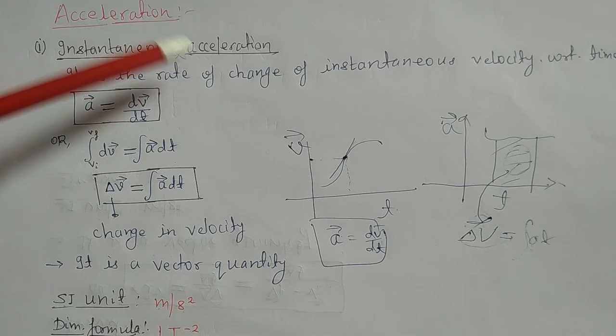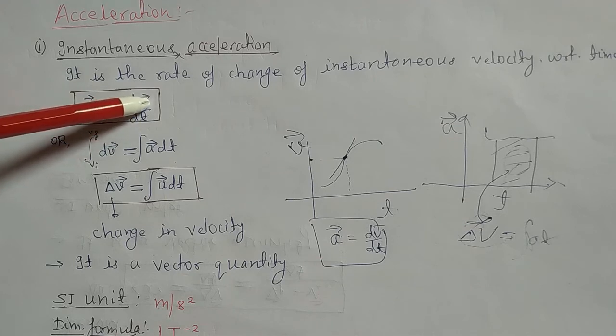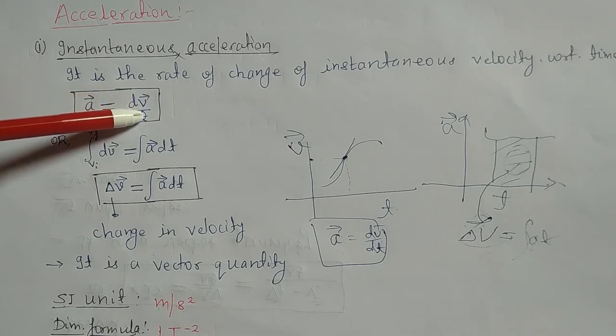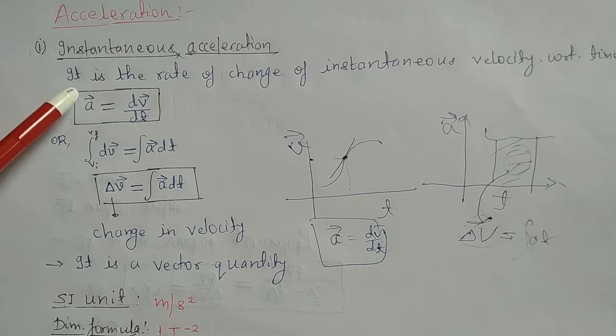The instantaneous acceleration is the rate of change of instantaneous velocity with respect to time. So a is equal to dv by dt. Now the same calculation can be done here. Multiply dt on both the sides.